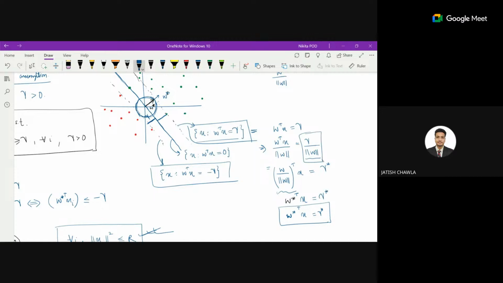Yeah, this is what we are saying. And this gamma star is exactly the distance between the solid line and the border dotted line.